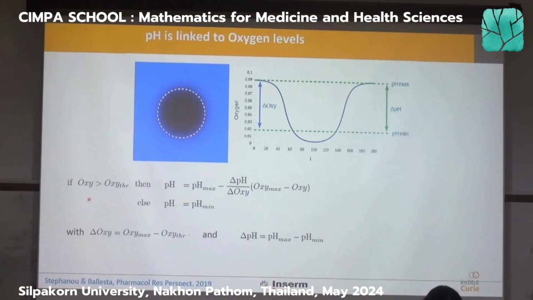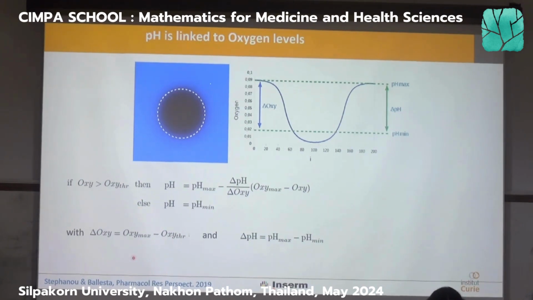So when oxygen is above some threshold, which is this line actually, then we have this formula for the pH, which can go, as you can see, above this pH max. And whenever the oxygen is really low, the pH will never go below this pH min. And the delta pH will be pH max minus pH min, and same for delta oxygen.